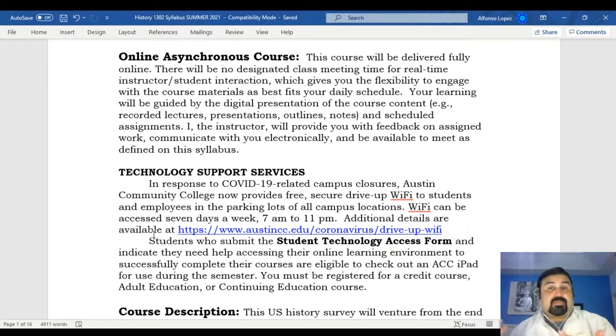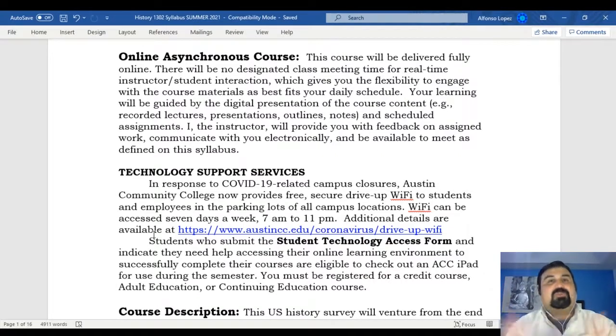It's going to be carried out through recorded video presentations, just like this one. You'll be able to see me and hear me, and you'll be able to see the outlines I'm using to explain the lectures. I have bullet points, maps, photographs, so you'll be able to see everything on the screen while you hear me and see me on the screen as well. It's like virtual instruction, like you're still in the classroom, but it's all through recorded video lecture, if you will.